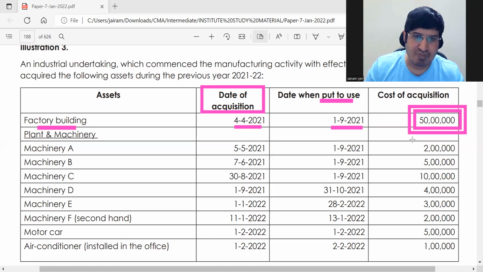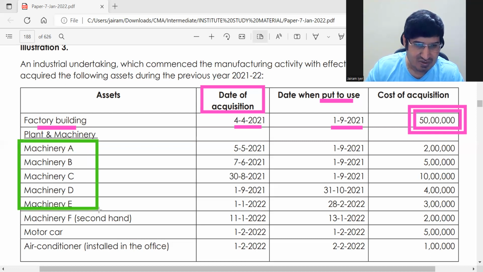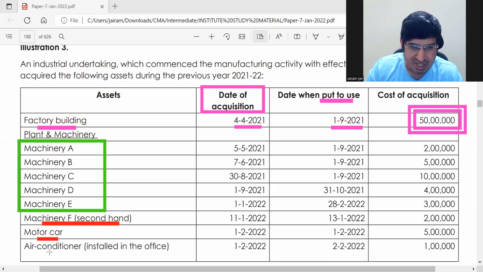Now, next we'll go to plant and machinery. First these are all machineries, and the next one is given as second hand separately. That means the above 5 are new, that's why they've given it separately as second hand. So this is second hand, this is motor car, and this is air conditioner installed in office.